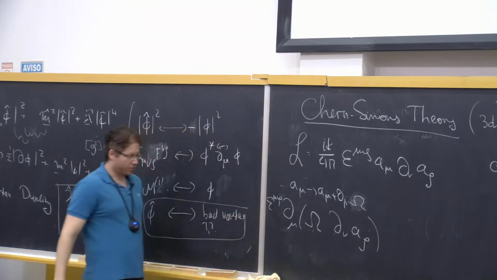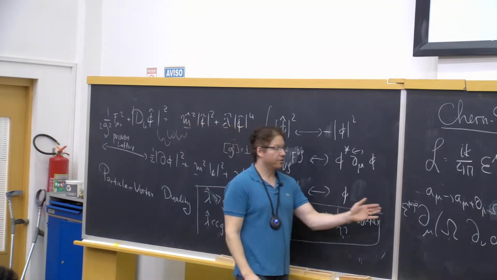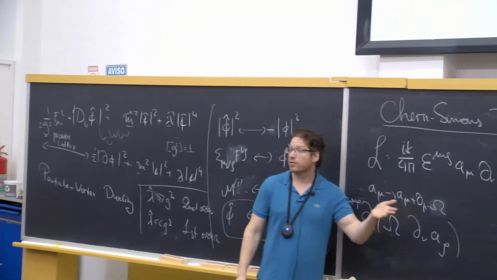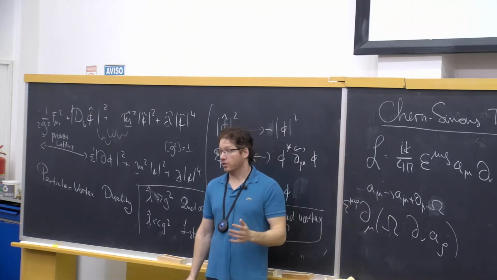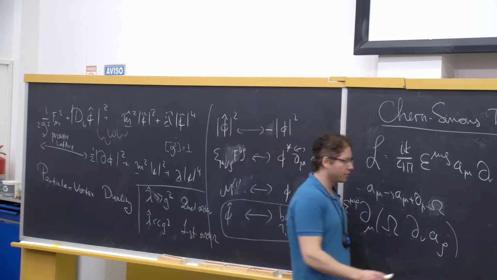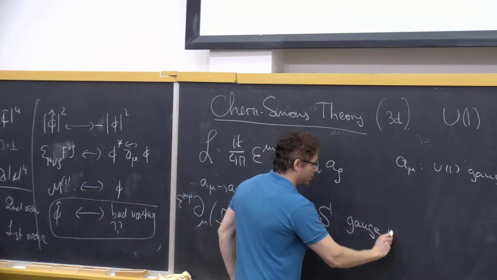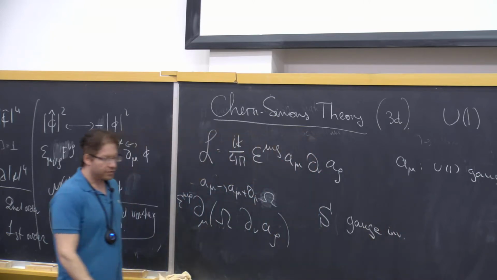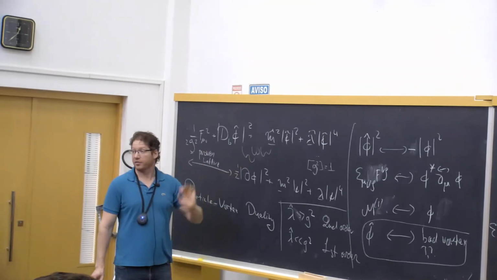So if you do a gauge transformation, this whole thing is a total derivative, obviously. And so the Lagrangian is not invariant, but the action is invariant. So this leads to a gauge invariant action. So that's an interesting alternative to gauge theory with F squared, that exists in 2+1 dimensions.